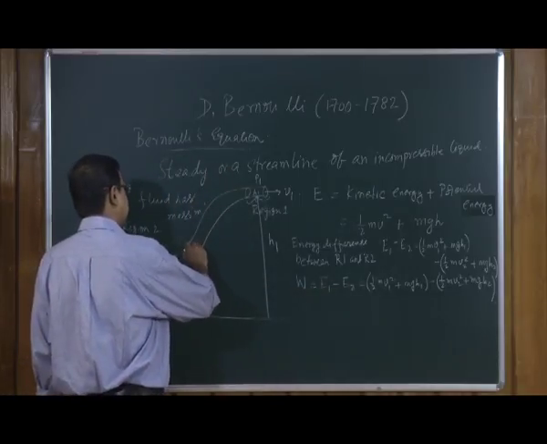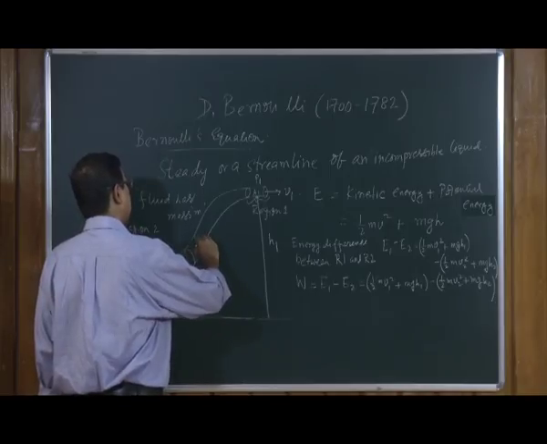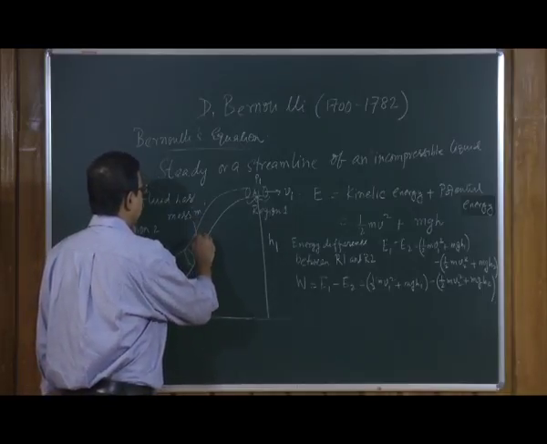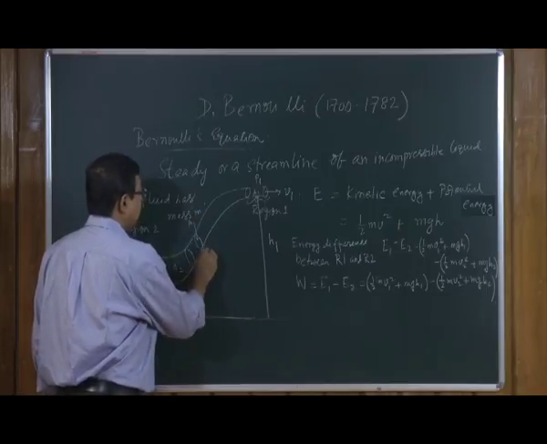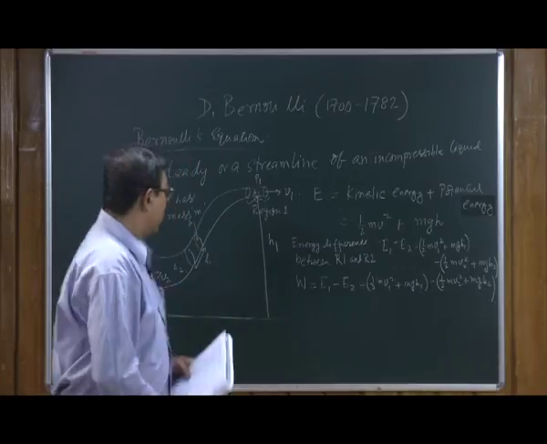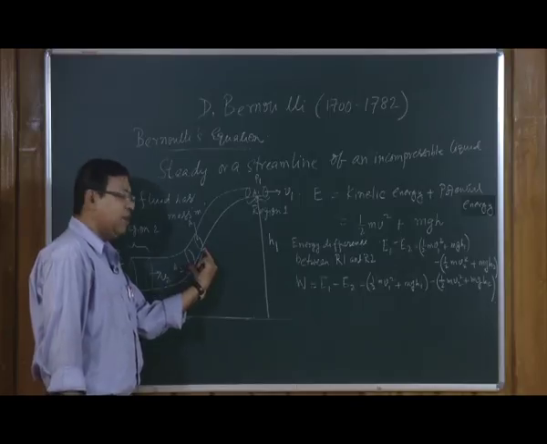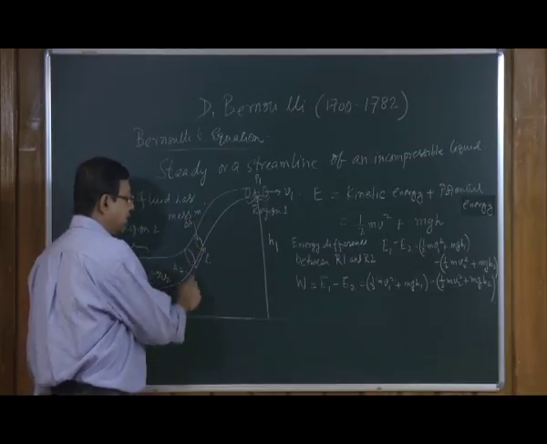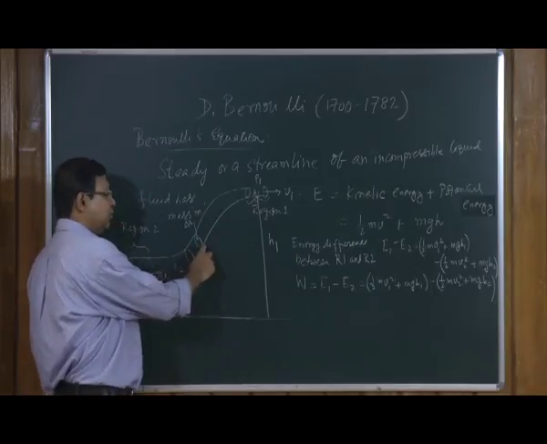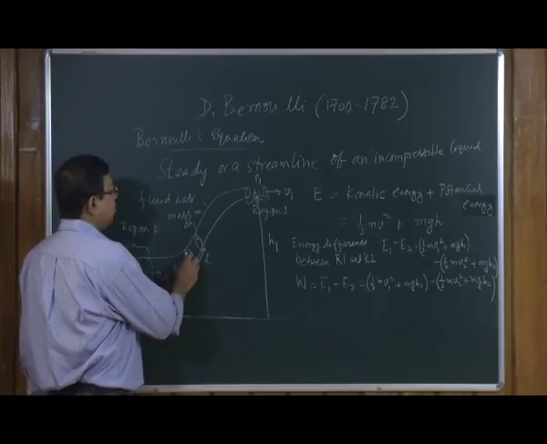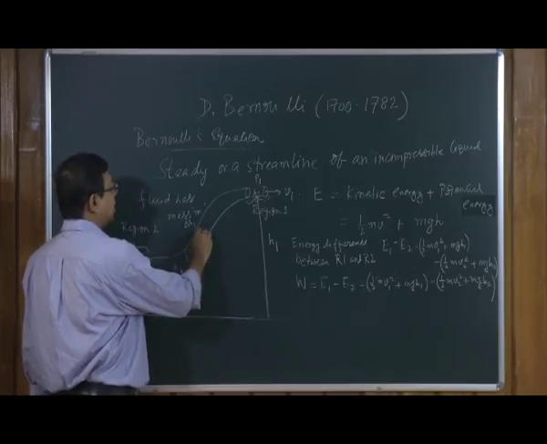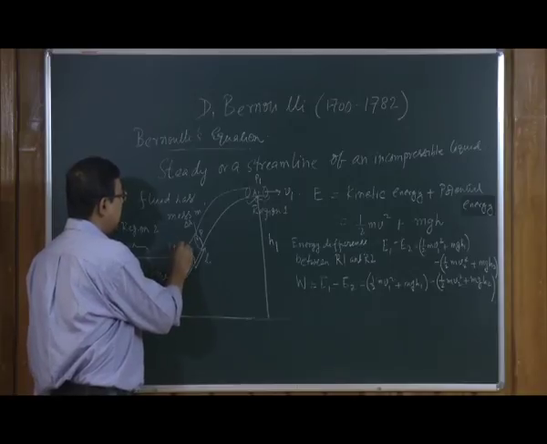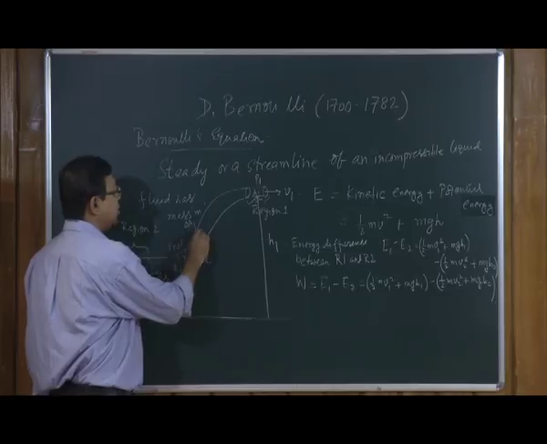For that, let us take a very small element of fluid with area of cross section delta A and length L. There is some pressure at this end, let us call it P. There is a bigger pressure at the bottom point, let us call it P plus delta P.